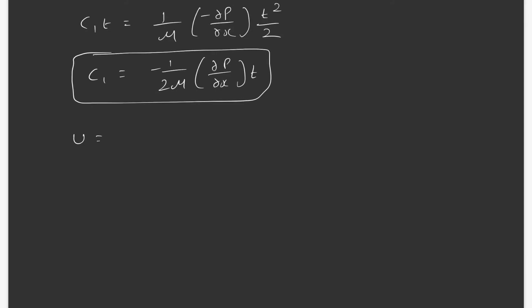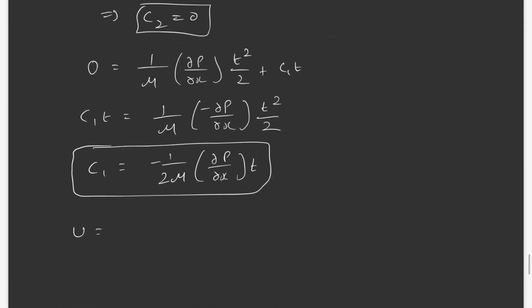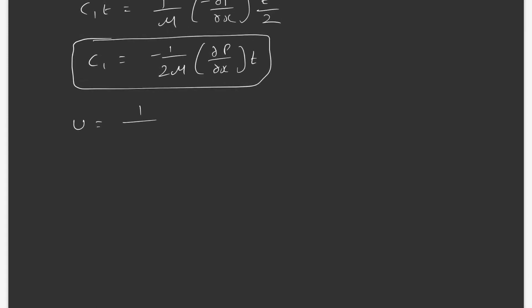U is equal to 1 by 2 mu dou p by dou x into ty square minus 1 by 2 mu into dou p by dou x into ty.